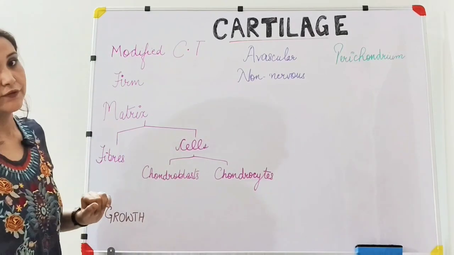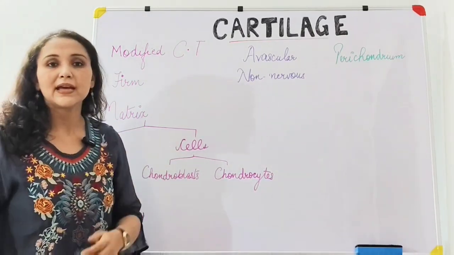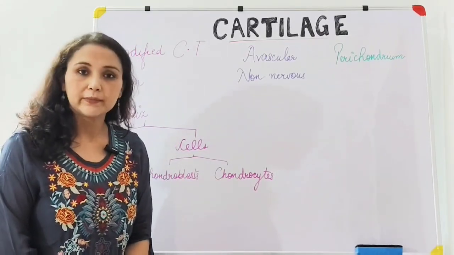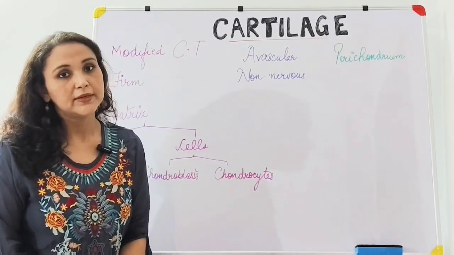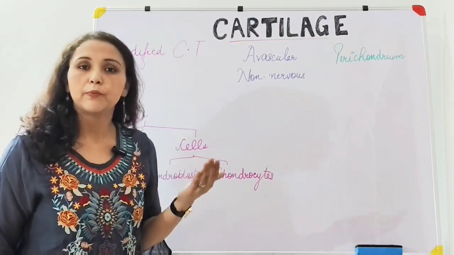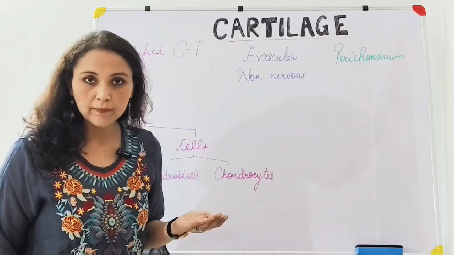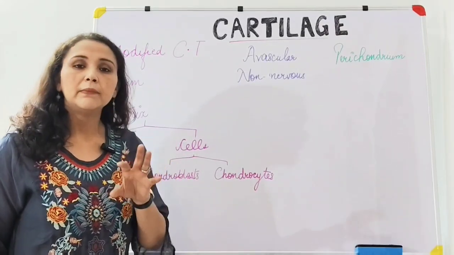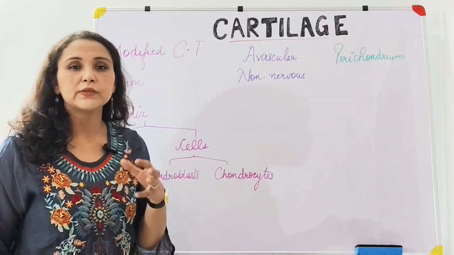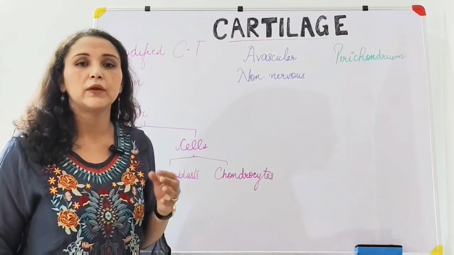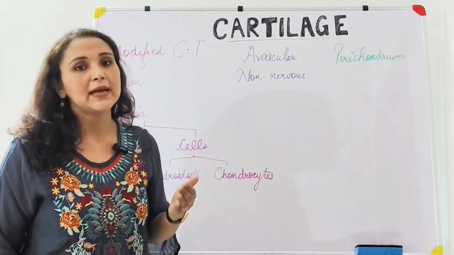Regarding the fibers, first of all, what are the various types of fibers that we find in the cartilage? We have collagen fibers and we have elastic fibers. The collagen fibers are type 1 and type 2, and there are elastic fibers also. Depending upon which type of fibers are more in a particular cartilage or at a particular site, there are many types of cartilage.